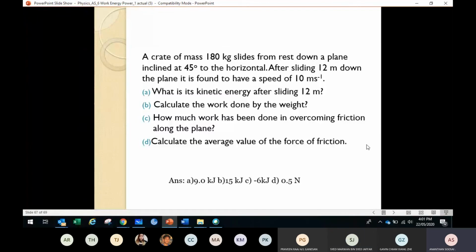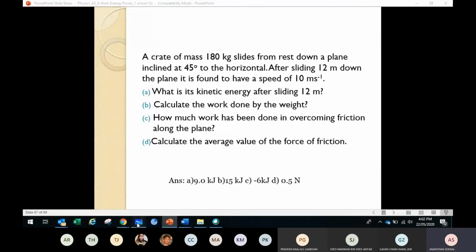It's a trolley. You don't have an engine, so work done by the thrust is 0. Okay, so work done by the thrust is 0 equals gain in kinetic, answer A, plus gain in potential, how much?